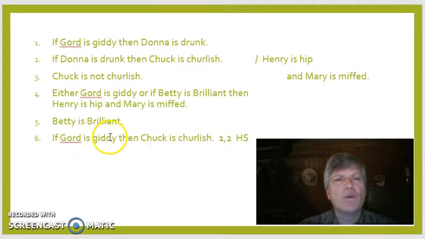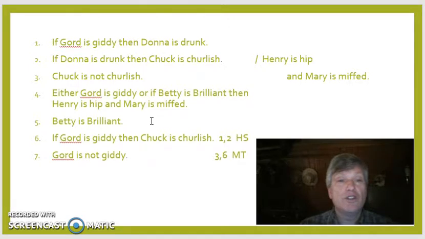I've got if Gord is giddy, then Chuck is churlish. But notice here, I know that Chuck is not churlish. Well, this fits another one of our inference patterns. I've got a conditional, and I've got the negation of the consequent of that conditional. From those two things, I can infer the negation of the antecedent using modus tollens. So I get Gord is not giddy.